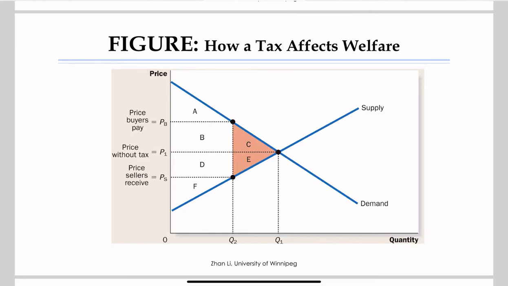What we're gonna do is first find out the total welfare if there is no tax. Then we will think about what total welfare we can get with tax. Then we will compare these two cases and think about how total welfare changes because of the tax.